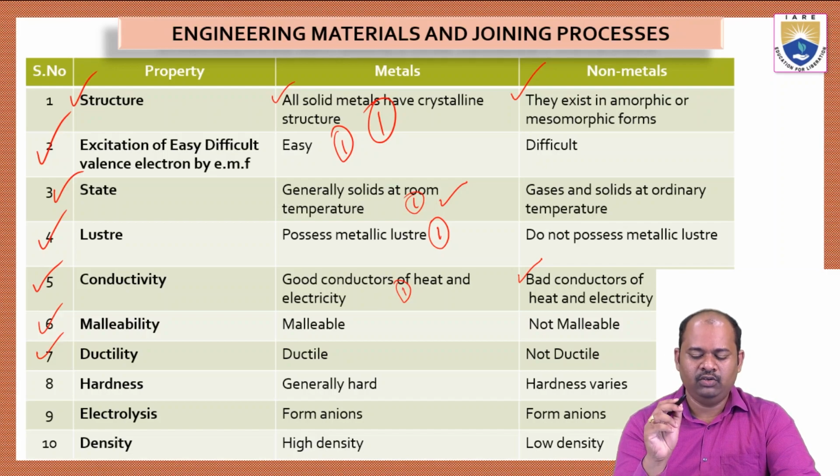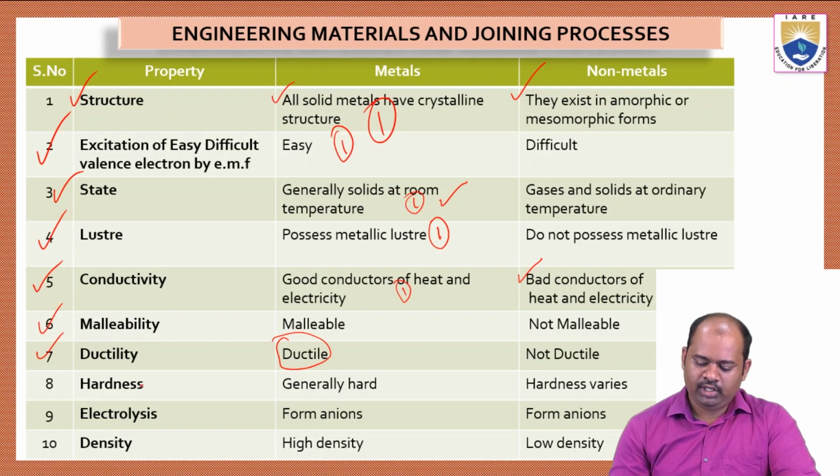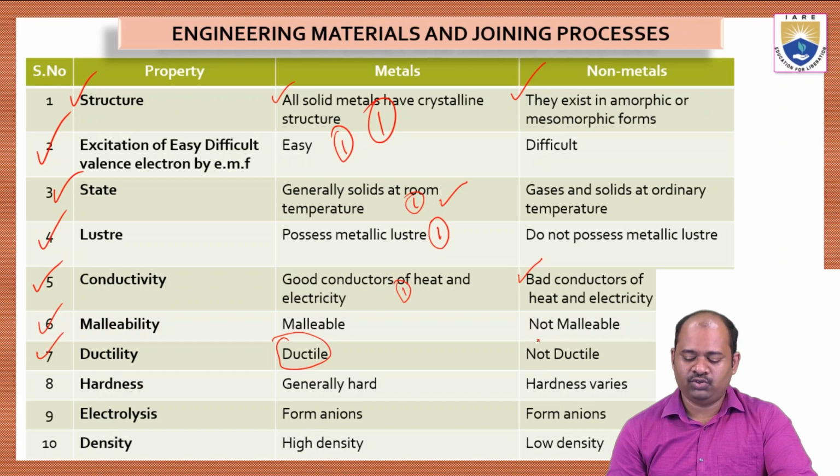This is a very good property of iron, particularly mild steel, and because of this property, mild steel has many applications in engineering. We are going to discuss in the coming slides what ductility is and its applications, whereas non-metals do not have this ductile property.